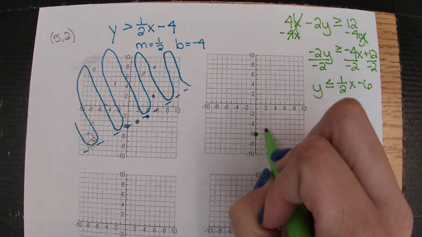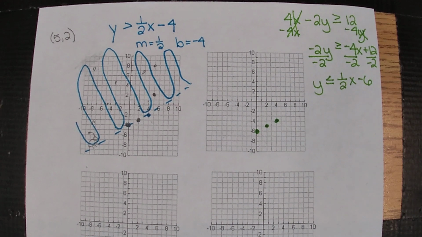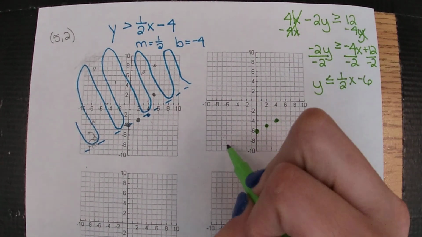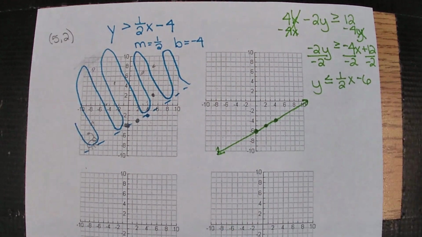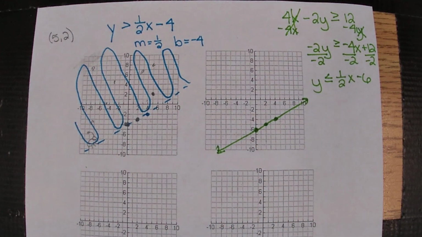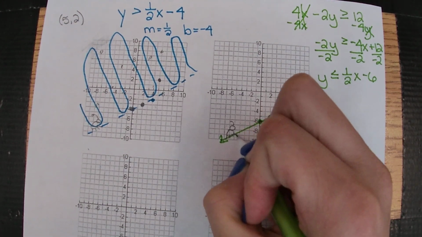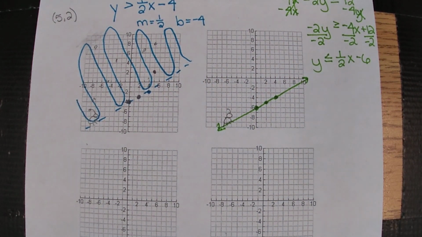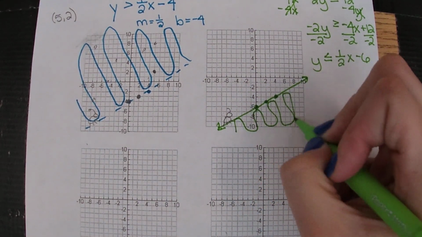My slope is up 1 over 2. Now, this inequality symbol is telling me to use a solid line. Now I want less than, so if I have a bug walking uphill, oh man, this bug's even worse, I want below. I want the dirt, I want the ground, and that's all the stuff down here.